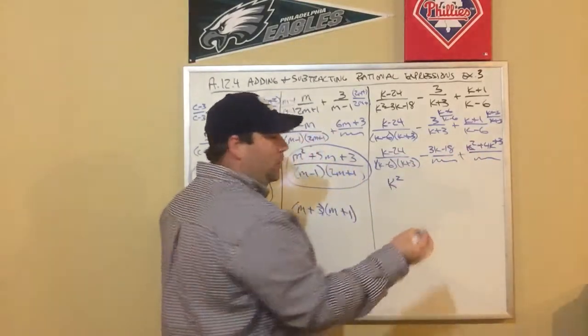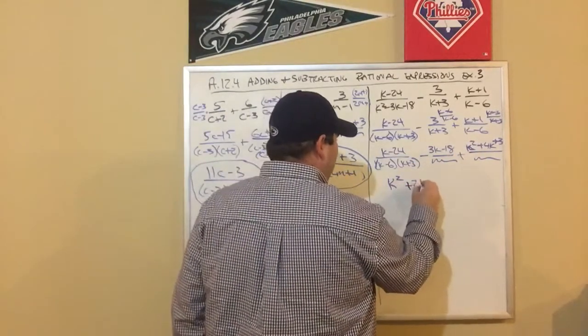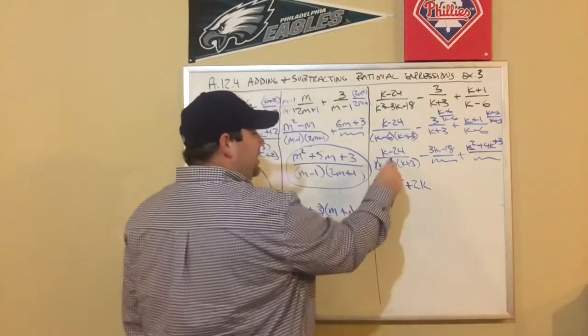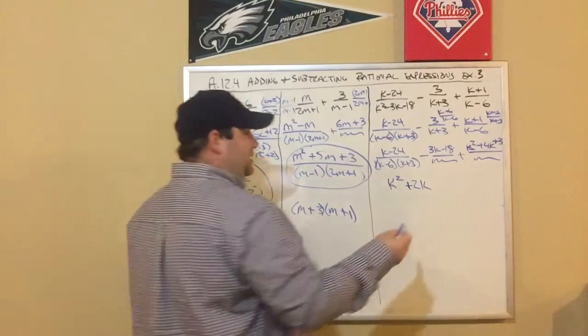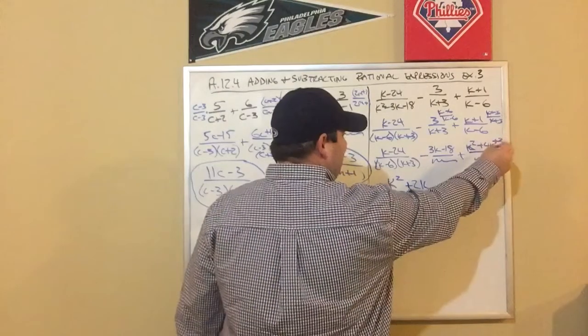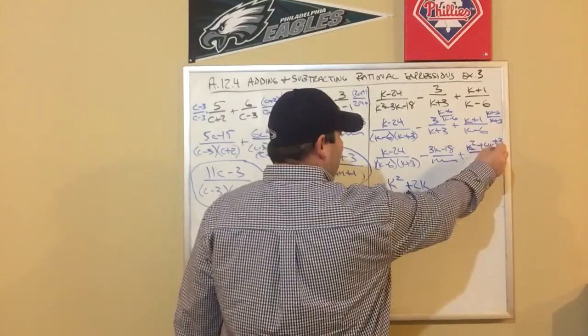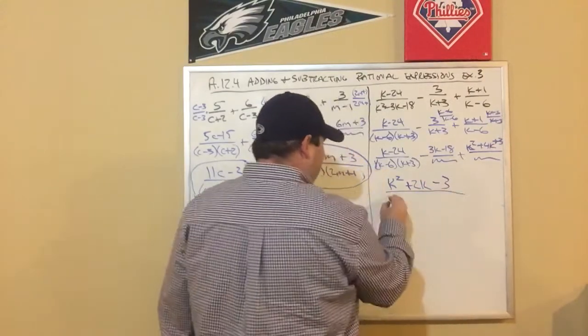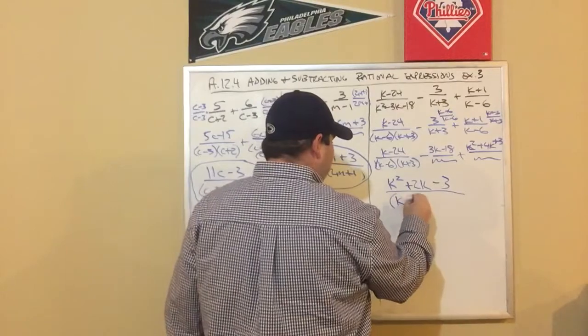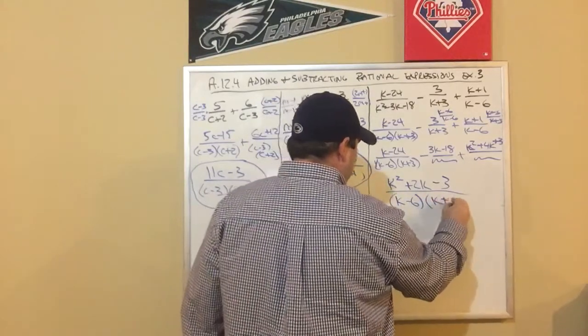Negative 2 plus 4 would be positive 2k. Then I'm going to move on to my numbers. Negative 24 minus negative 18, that'd be like plus 18, that'd be negative 6. Plus 3, negative 6 plus 3 would be negative 3. And all of that's going to be over k minus 6 times k plus 3.